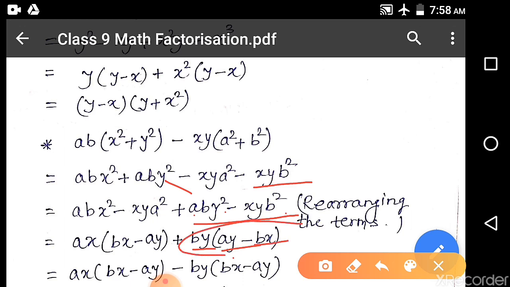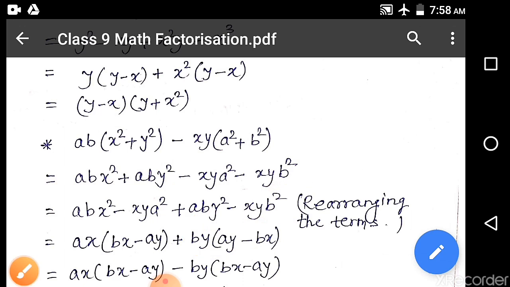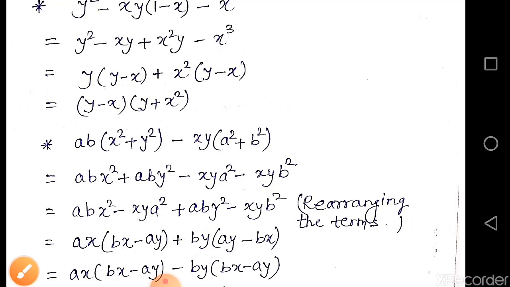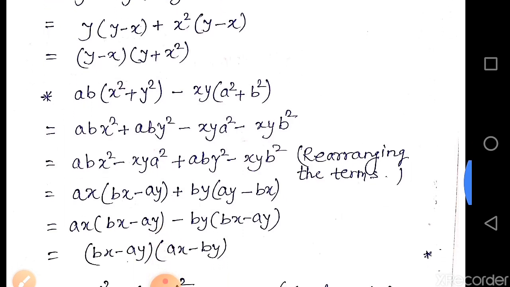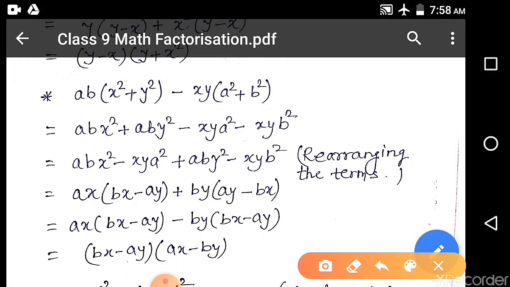So this is for the second two terms. Now we have here, see, again we come to the same conclusion. That means our rearrangement is not so good here. But I think it does not matter, because we all know how to take out the minus sign common. So here we have bx minus ay, but here we have ay minus bx, just the signs are opposite.